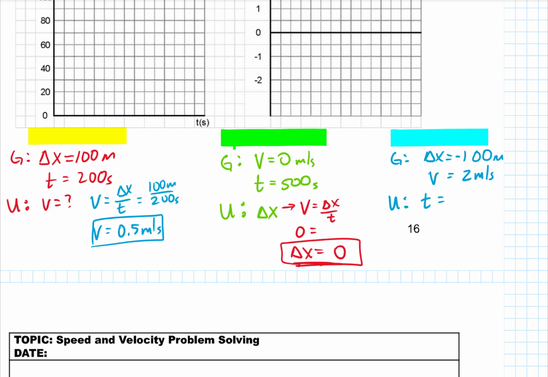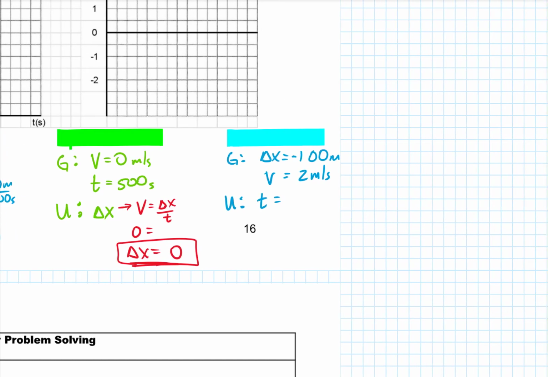And for this one, we want time. We want to give ourselves some room. So our equation here is that velocity is displacement over time. So when we substitute our values, we get 2 meters per second is equal to our displacement over our time.